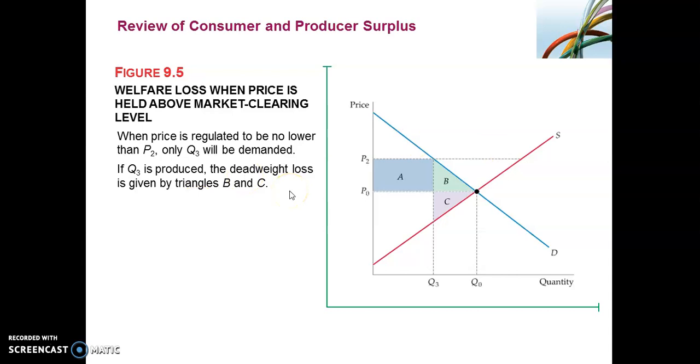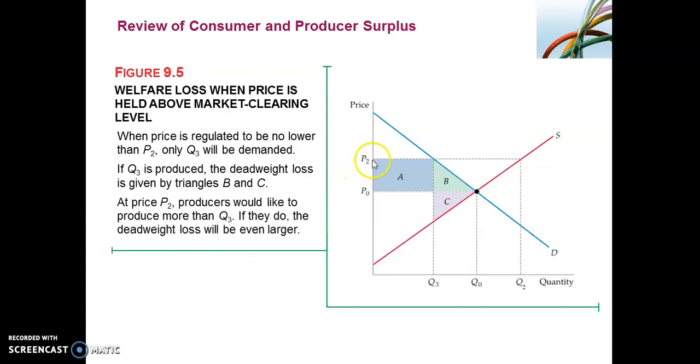So in this case, with this higher price P2 above the market clearing price, you are going to find that producers would want to increase their quantity supplied from the original output at equilibrium. With this higher price, they would want to increase that to Q2.